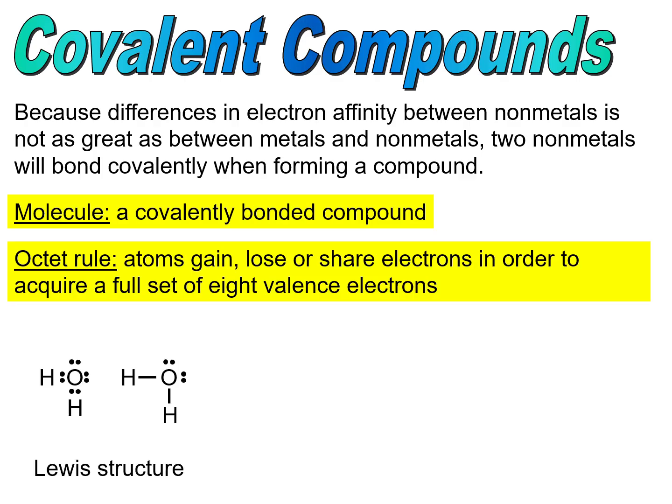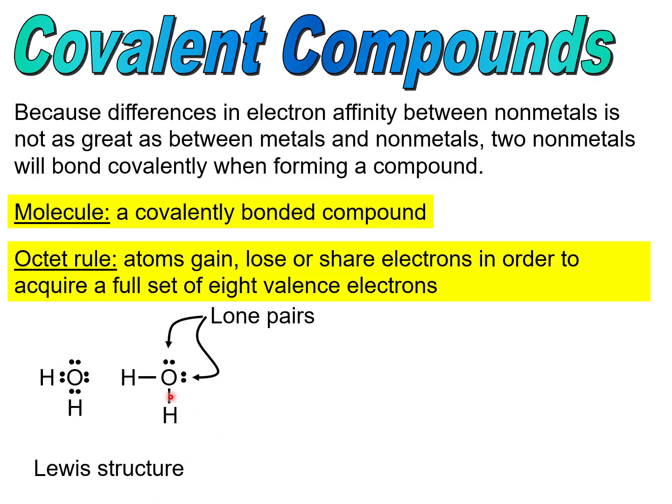So we're going to learn how to draw Lewis structures, which is just a 2-dimensional representation of how the atoms bond together. Each one of these little dots is a valence electron from either the oxygen or the hydrogen. Remember, oxygen has 2 pairs of electrons to begin with, and these are called lone pairs.